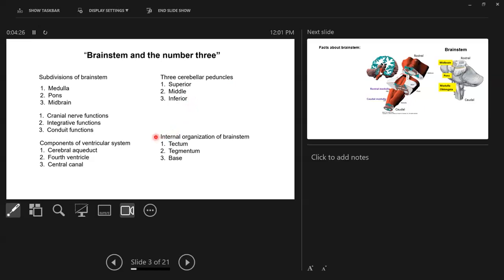Looking at the internal organization of brainstem, we can again use our number 3 to say from dorsal to ventral, tectum, tegmentum, which is in the middle, and the base or ventral aspect of brainstem, keeping in mind that tectum is really only observed in midbrain, so the uppermost portion of brainstem.